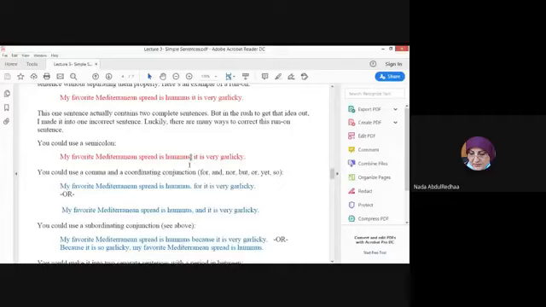You can say, my favorite Mediterranean spread is hummus, comma, for it is very crunchy, or you can say comma and then, and it is very crunchy. Or you can use the coordinating conjunctions, the FANBOYS. They are called coordinating conjunctions.